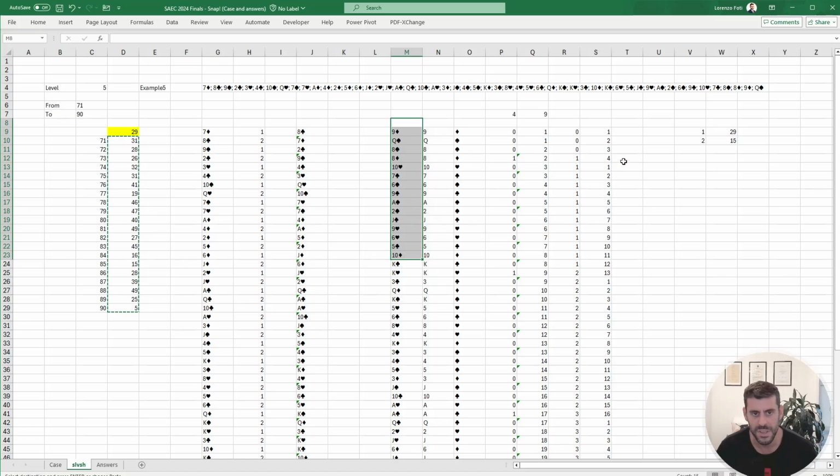So basically I'm saying that the next pile will be the previous one excluding the cards.